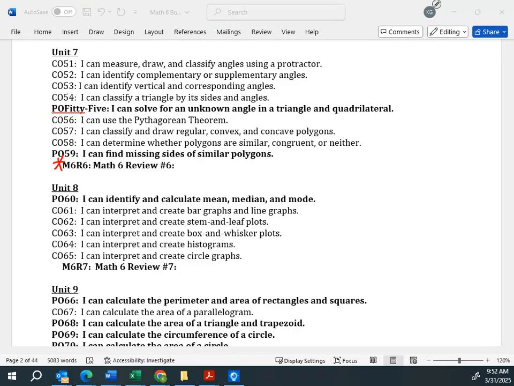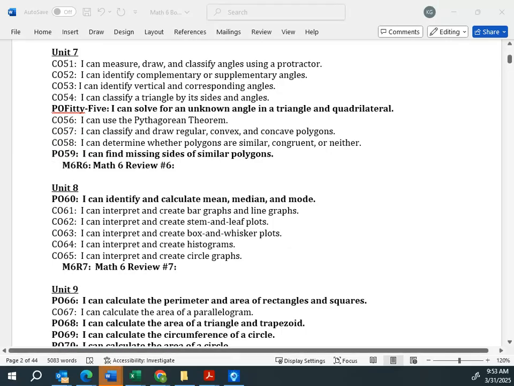So tomorrow you're going to want to bring binder 2 to class in case, after you're done taking the practice test, you need to remind yourself. It could be POs from binder 1, POs from binder 2. So remember when I said hold on to those because we might need them to review for that Math 6 review. So tomorrow you might want to review those ones.